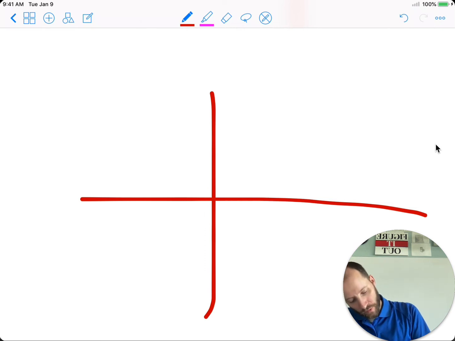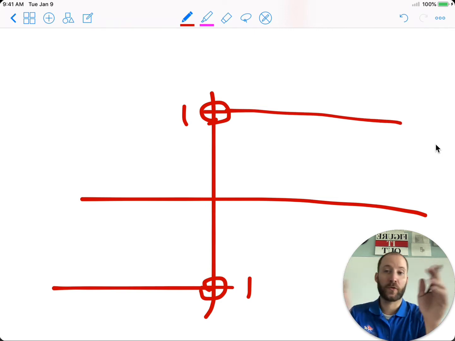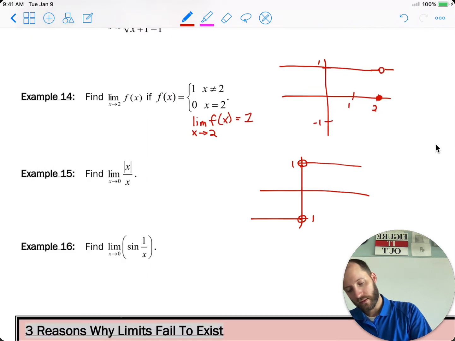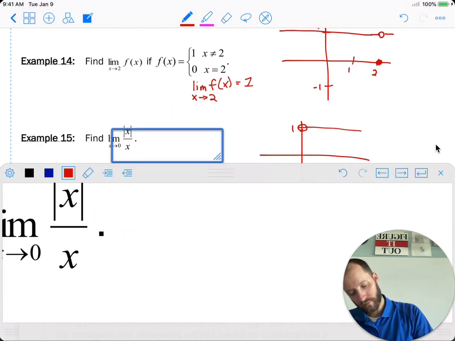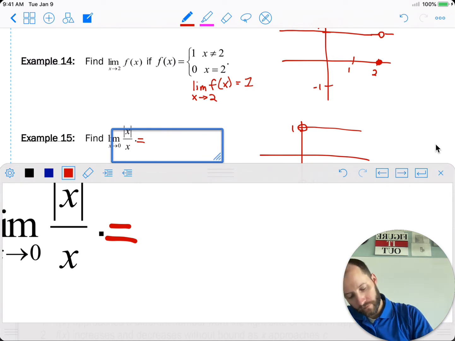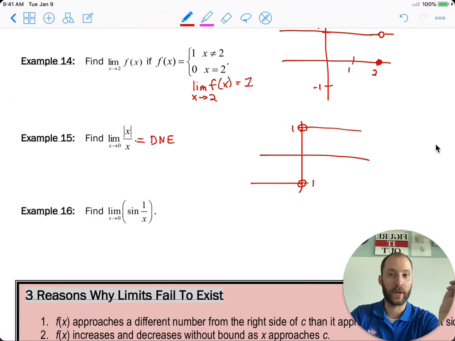Pretty much everywhere except at x equals 0. Because of course you can't divide by 0. So our limit, we have divergent behavior. Those two values, those two branches are not getting closer, they're not touching. So our overall limit does not exist. We're not approaching one unique number.